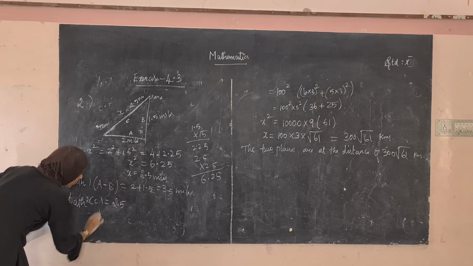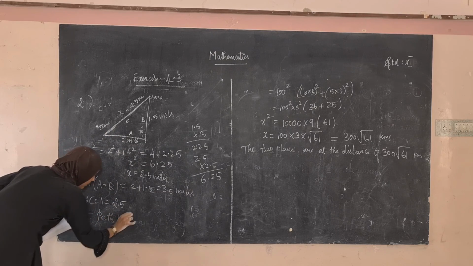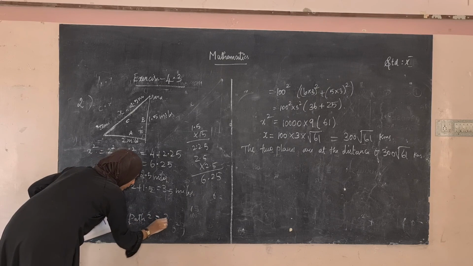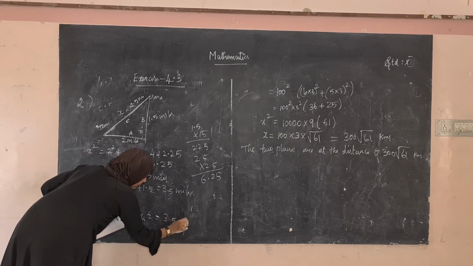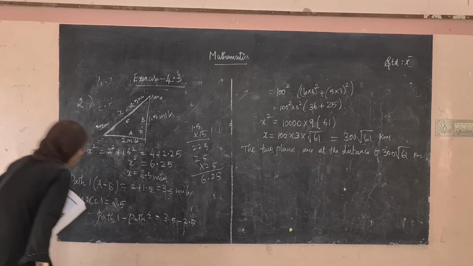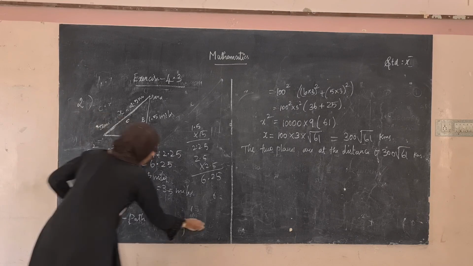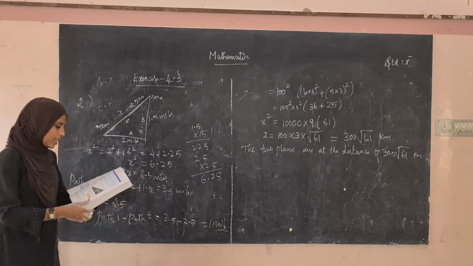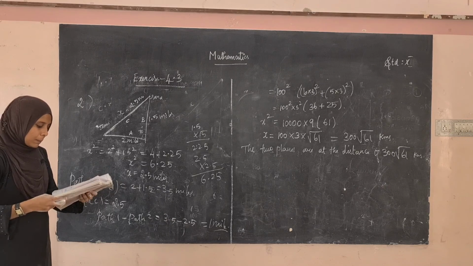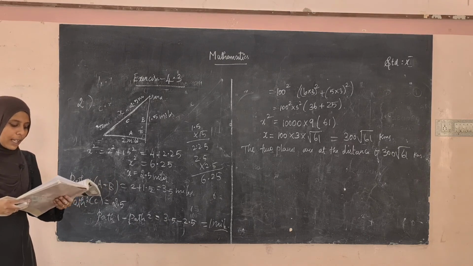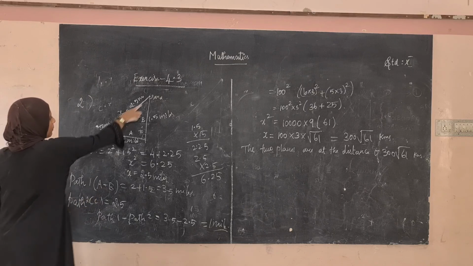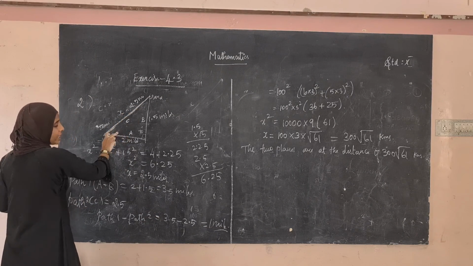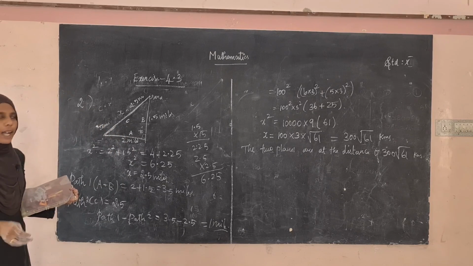That is path 1 minus path 2, which is equal to 3.5 minus 2.5, which is equal to 1 mile. So this is the answer. The path is 1 mile shorter in the direct path along C. So while passing through street C, it is 1 mile shorter than the other path.